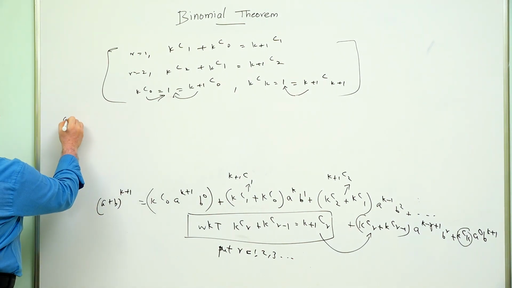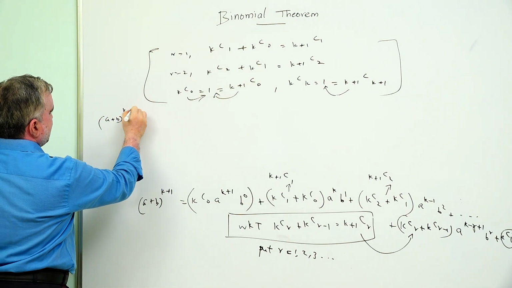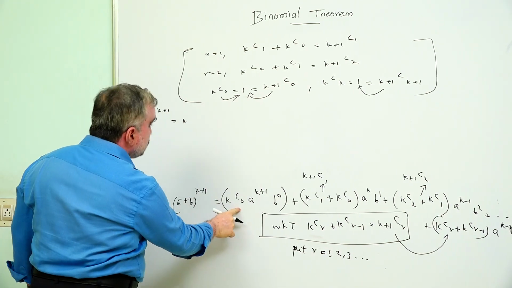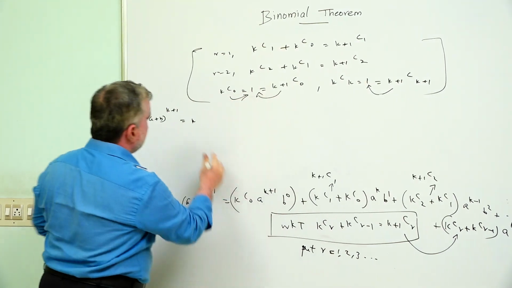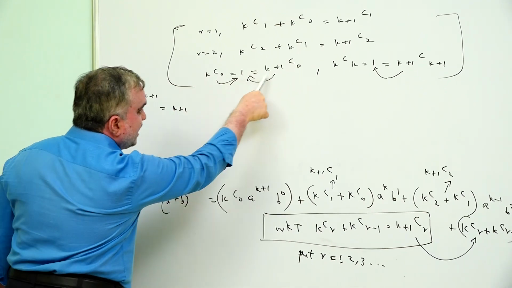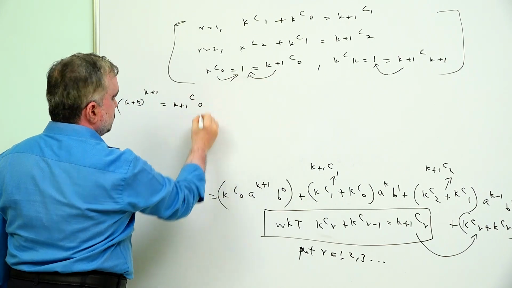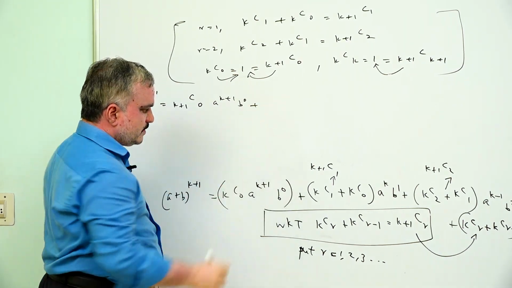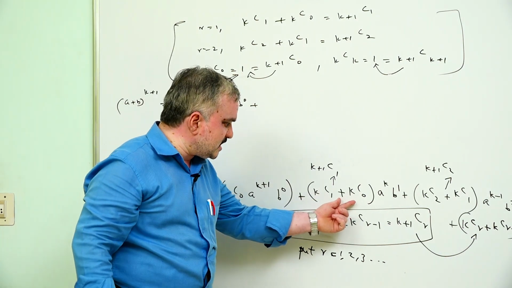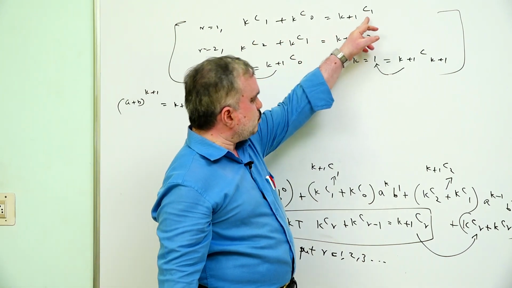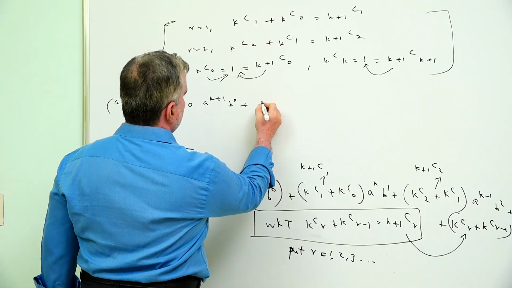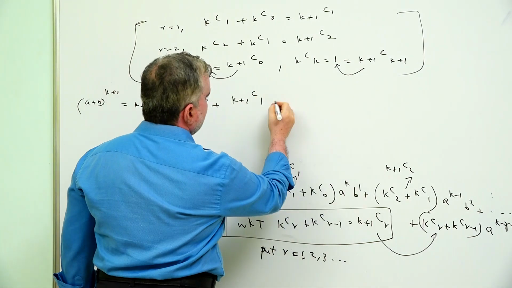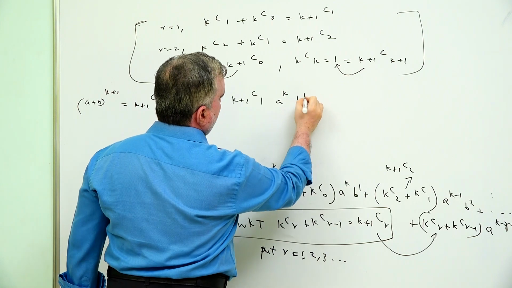These results we are going to use here. We get (a plus b) whole power k plus 1 equal to, kc0 we write as k plus 1 c0, a power k plus 1 b power 0. The value of kc1 plus kc0, already we have as k plus 1 c1, into a power k b power 1.